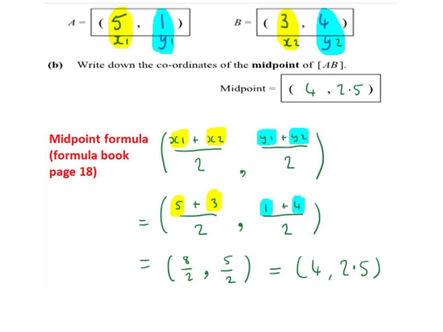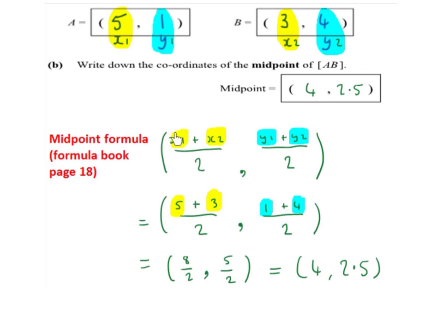Now it doesn't matter if we were to label the B as x1 and y1 and the A as x2 and y2, so long as we don't, for example, label one of the points x1 and y2 or x2 and y1. It has to be the 1's together and the 2's together. So then we take our formula and we just substitute into our formula.